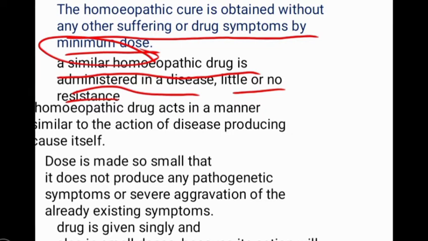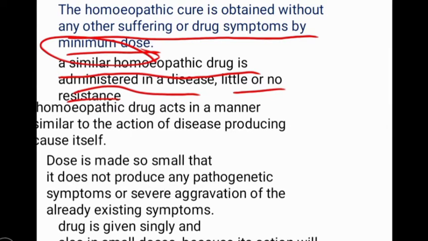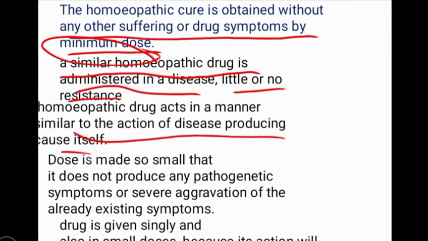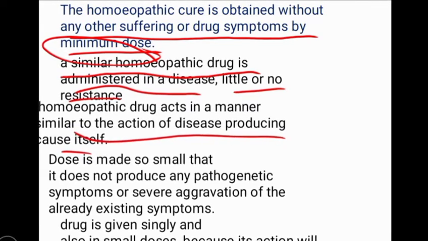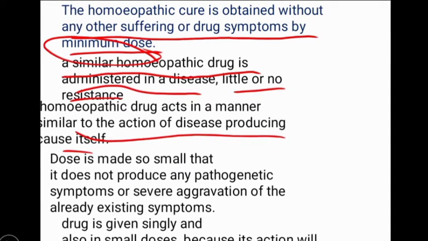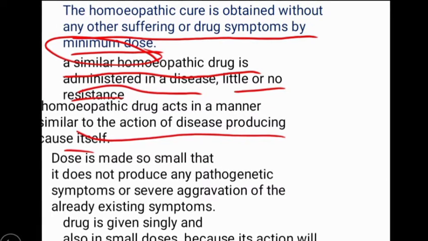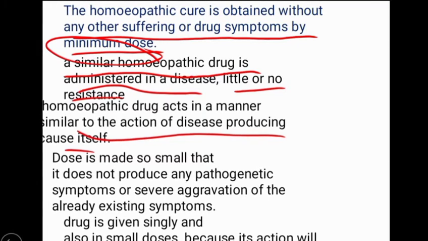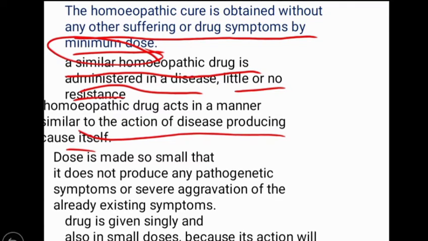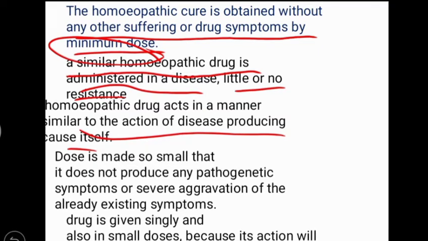The homeopathic drug acts in a manner similar to the action of a disease-producing cause. So the amount of drug required is the amount that acts on our body where the vital force is affected, so that the vital force becomes rearranged and our body is cured physically, physiologically and pathologically. All types of cure can occur by giving similar doses with a similar disease pattern.